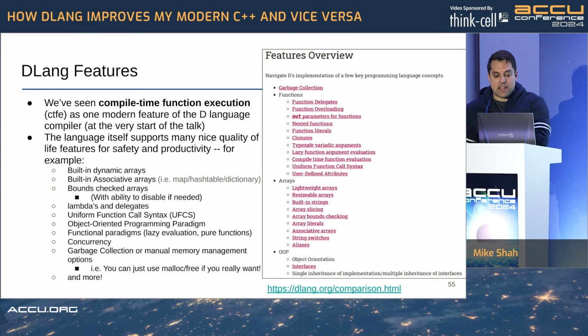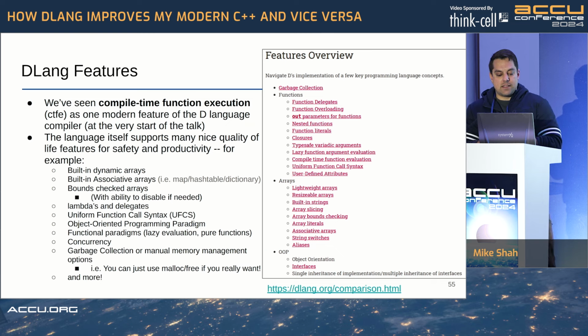The D language itself has many different features making up the language. Again, it's a large language, like C++ is a large language, but that gives us many different tools to work with, which I think is very exciting. It's got built-in dynamic arrays, associative arrays, or maps. The bounds checking for the arrays can be disabled or enabled as needed.